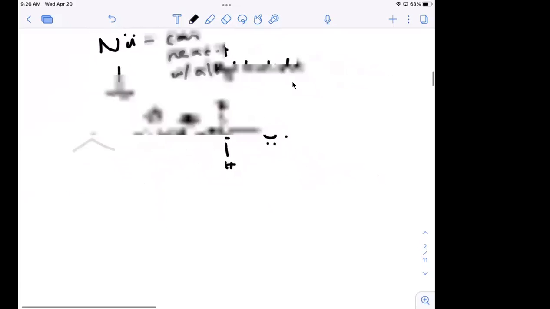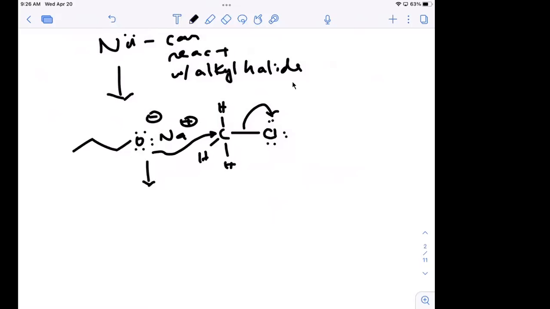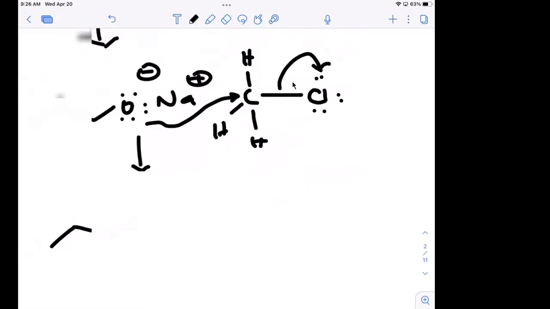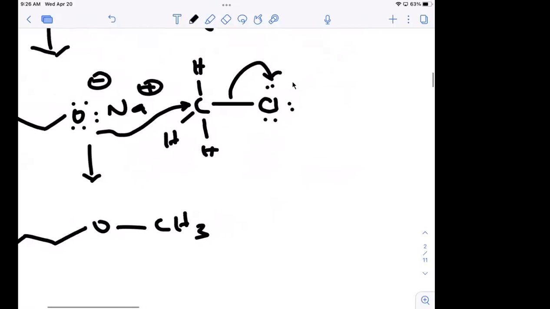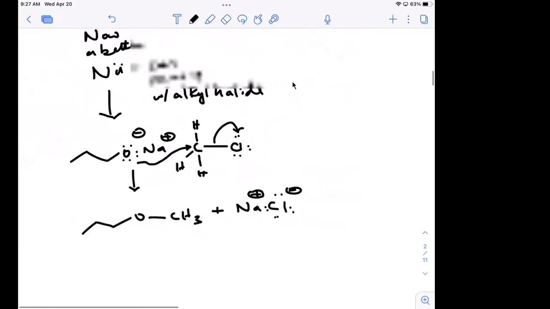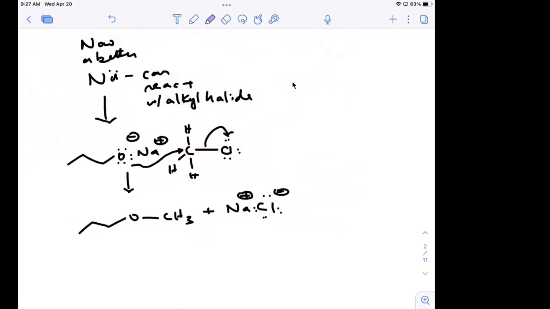Again, nothing new. Everything that you see, we've seen before. And that's going to give me this as my product, O CH3, plus NaCl. And this is my ether.